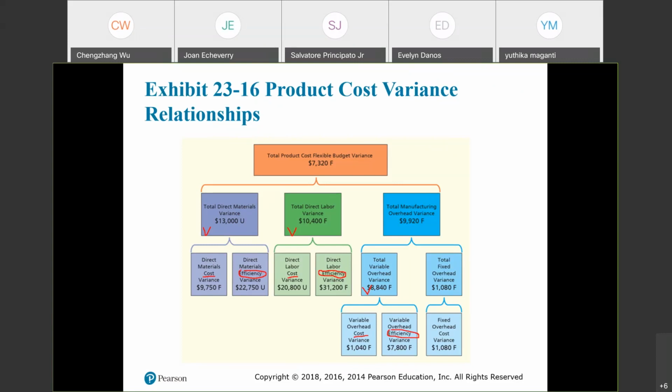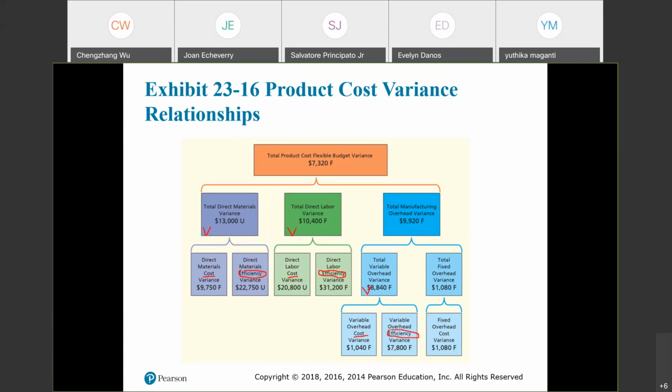It shows how allocating fixed costs on a per unit basis causes a difference between budgeted fixed overhead and the allocated fixed overhead. The allocation causes the over-allocation or under-allocation of fixed manufacturing overhead.